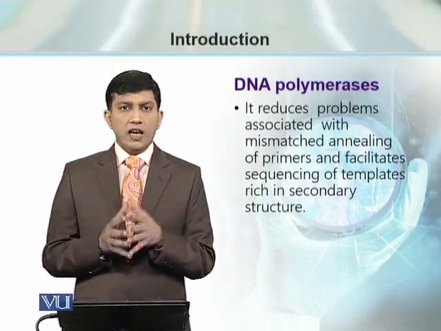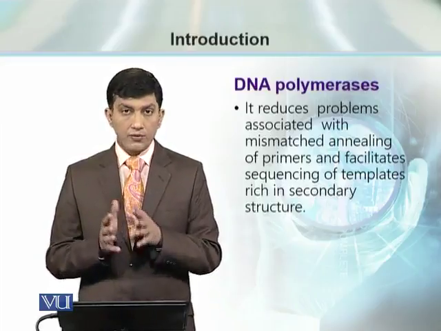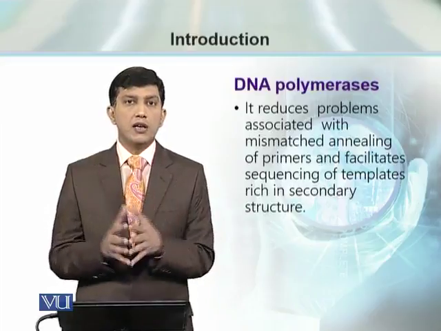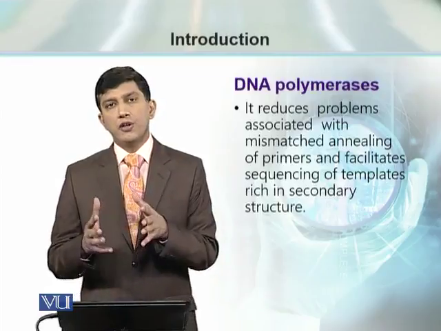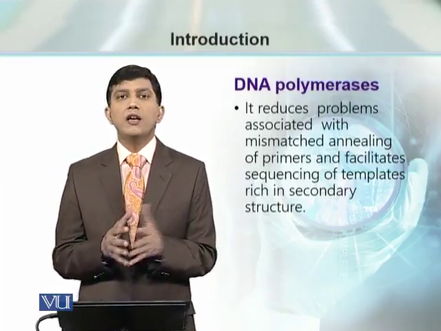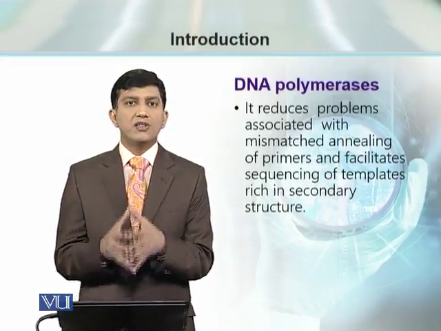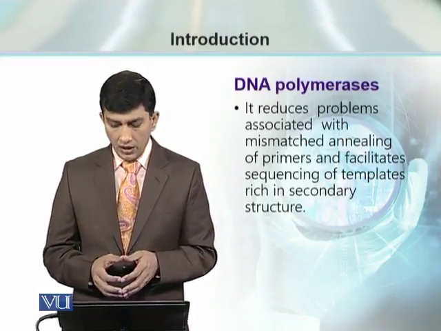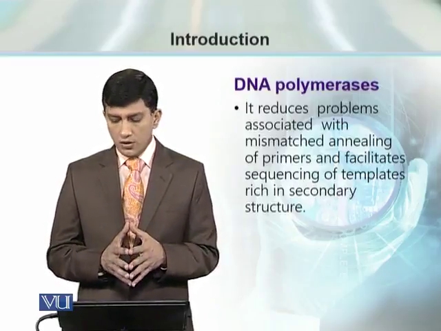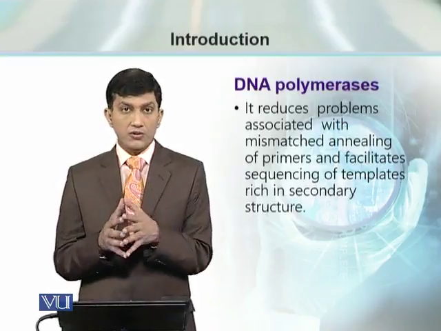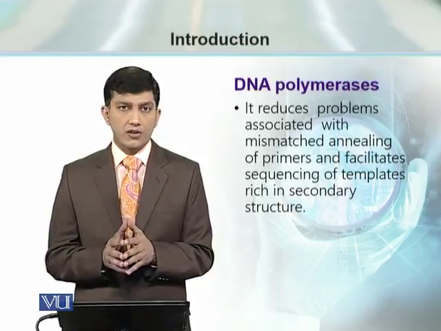Taq polymerase reduces the problem of mismatching of primers to anneal. Sometimes what happens कि हमारे पास जो gene specific primers हैं, if we use other enzymes, they can mismatch and they can synthesize unwanted or unspecific fragments of DNA. Further, Taq DNA polymerase helps to sequence those templates of DNA which have a high degree of secondary structure.